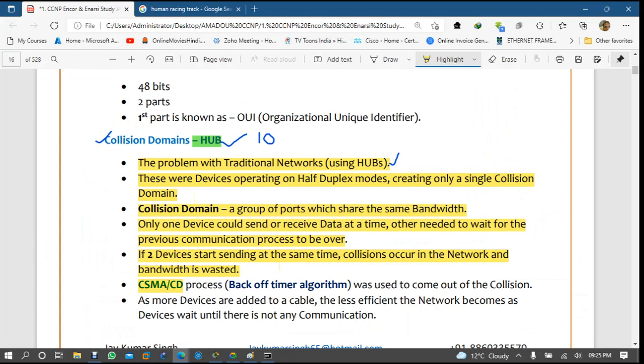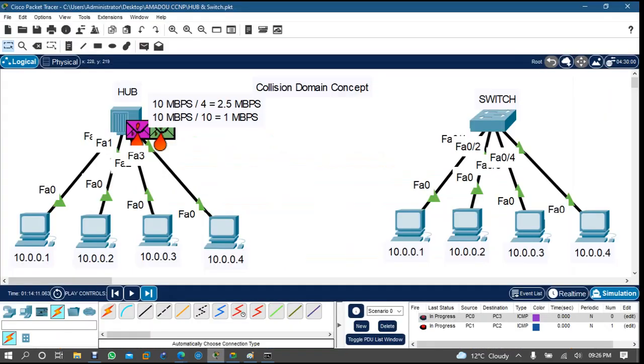So if you want to stop the collision, there was a technology known as CSMA/CD. The CSMA/CD process uses a backoff timer algorithm to come out of the collision, helping the data.